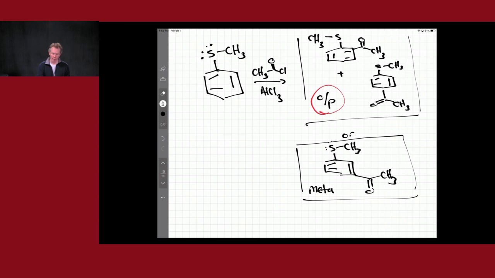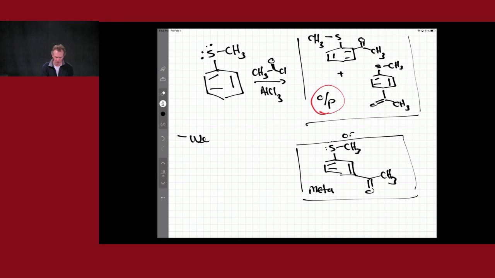So if I had to draw resonance forms for either of the products leading to the ortho or para isomer, I would be able to use that lone pair to get to completed octets in my intermediates. Those completed octets would provide additional stability to the intermediate and would lead to a faster rate of reaction for the formation of those products.